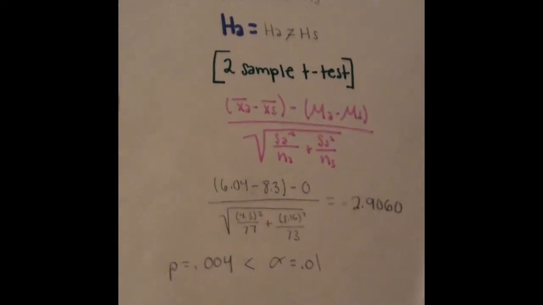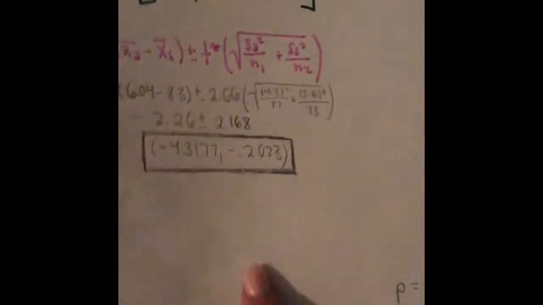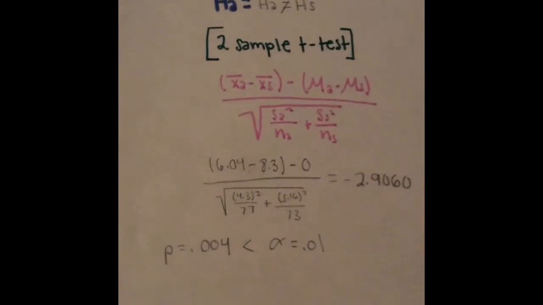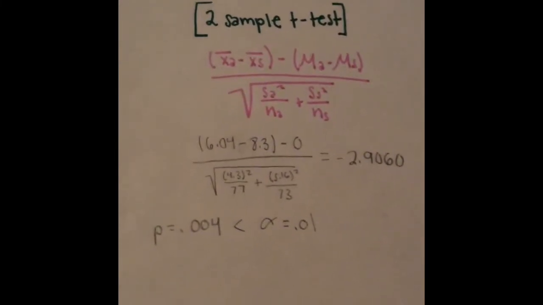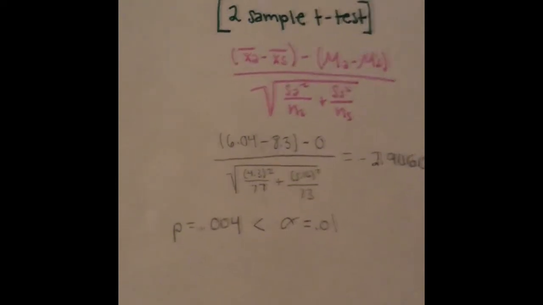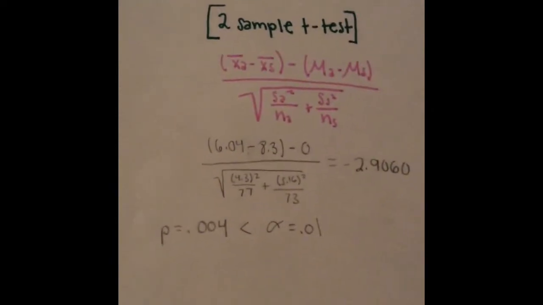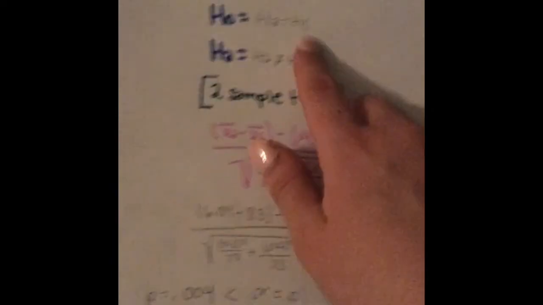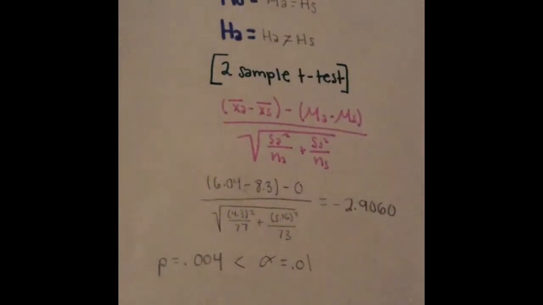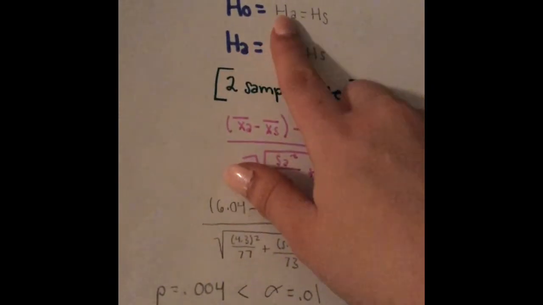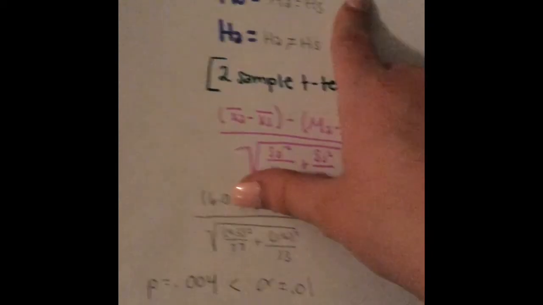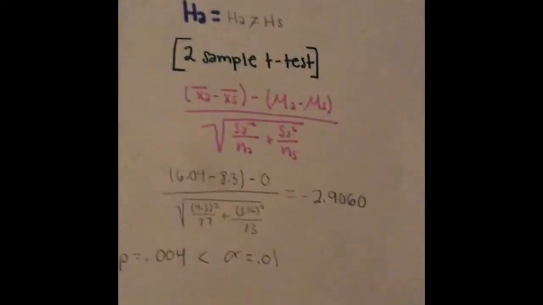But if we are 99% confident that it lies between 0.2 minutes and 4.3 minutes of a wait time, then 0 is not included in that. And so therefore, it is statistically significant. The difference in the mean wait times is statistically significant because the null hypothesis value does not lie inside of the interval, and the alternative does. The null hypothesis is that the two means are equal, and that's not going to be true because that's assuming that the wait time difference is 0, and that does not lie within our confidence interval.